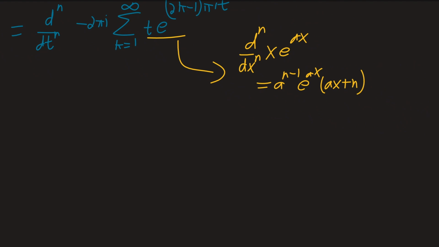I won't. What we end up getting is, well, we still have our negative 2 pi i out front, and I'll write our summation here. But we end up getting is that our a is just equal to our 2k minus 1 times our pi i.